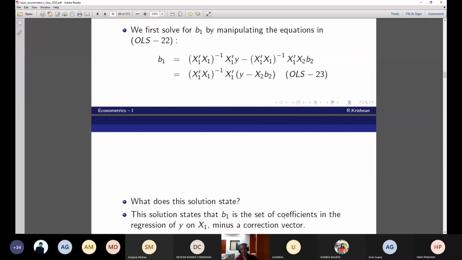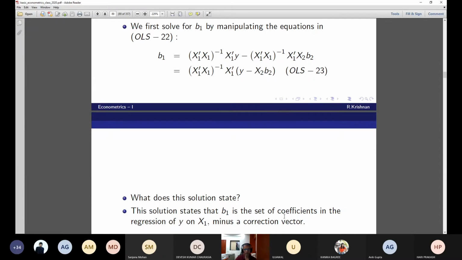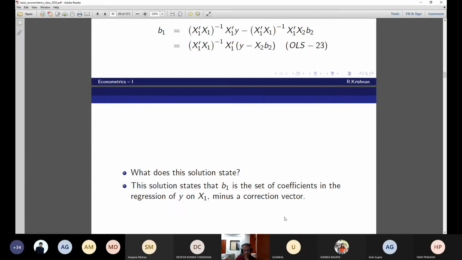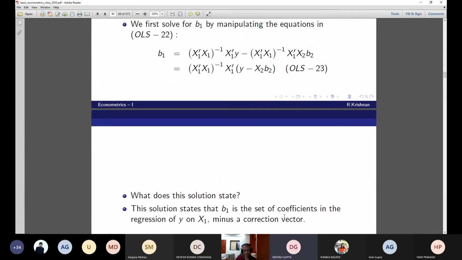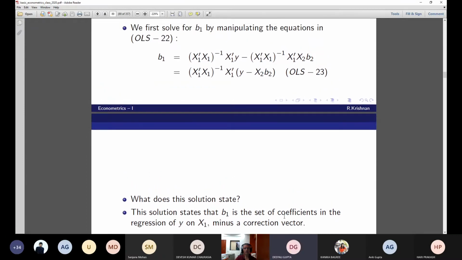Can you see that? The correction vector is nothing but (x1 transpose x1) inverse x1 transpose x2 b2. Sir, the effect of x2 has been subtracted.